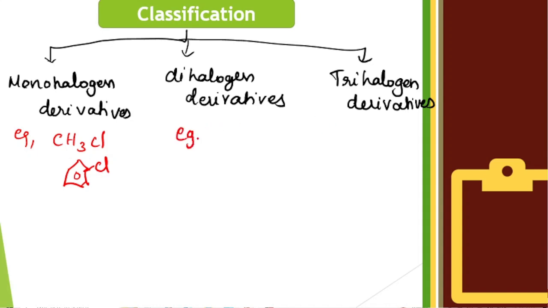Dihalogen derivatives means automatically two halogens will be there. CH3, CH, then you can have two Cls attached. Similarly, here also two Cls will be attached. So this is an example. Trihalogen derivatives, how will it be?